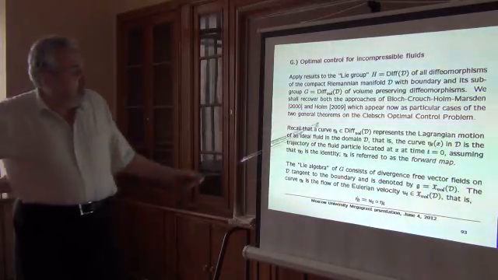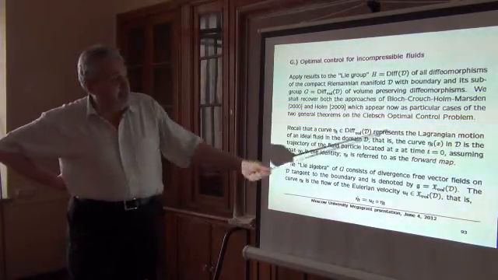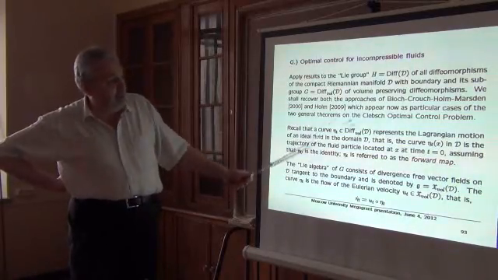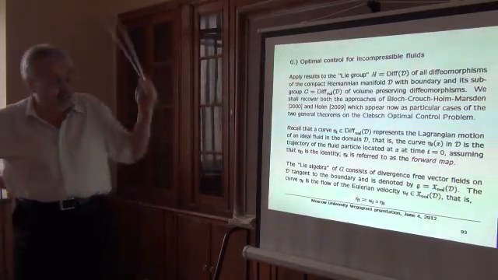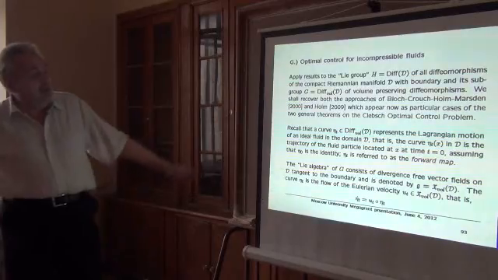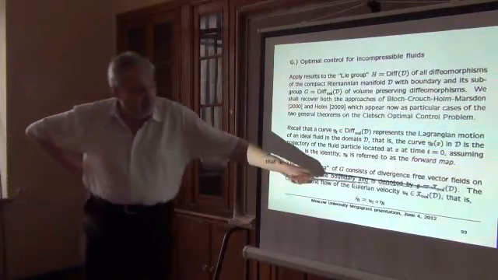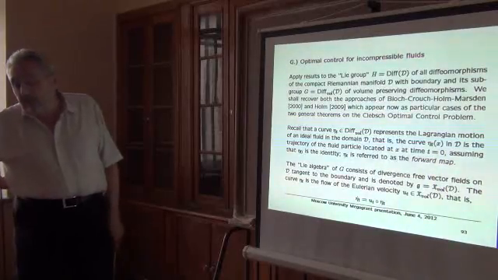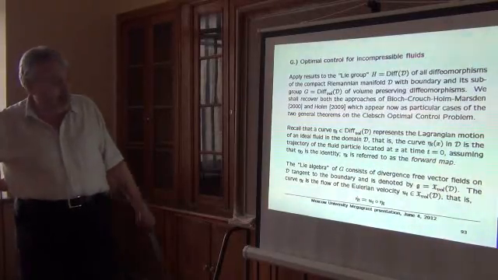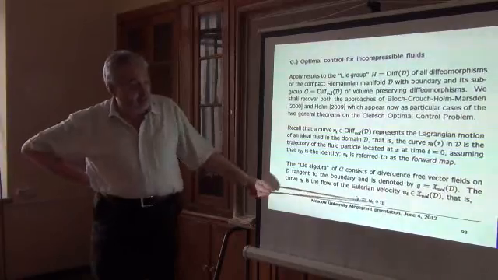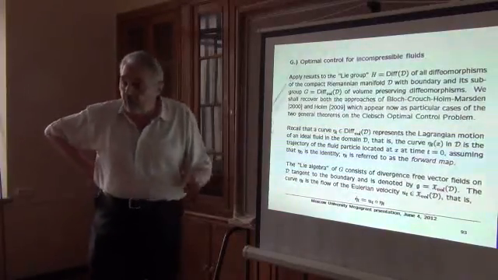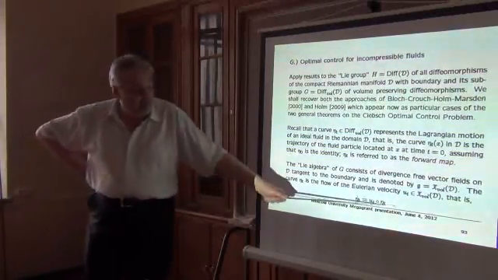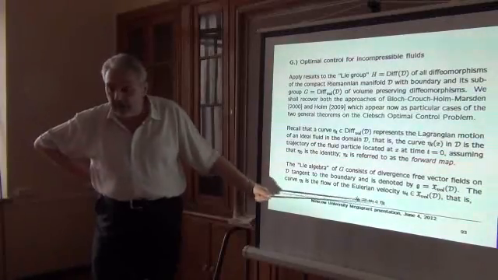Okay, so, recall that the curve here represents the Lagrangian motion of an ideal fluid in domain D, etc., like Arnold has done. And you have a Lie algebra, which I call X vol or X div. These are the divergence-free vector fields tangent to the boundary, and the relationship between U and eta is the formula of the Eulerian velocity, which is given here at any frozen time. These are not derivatives.